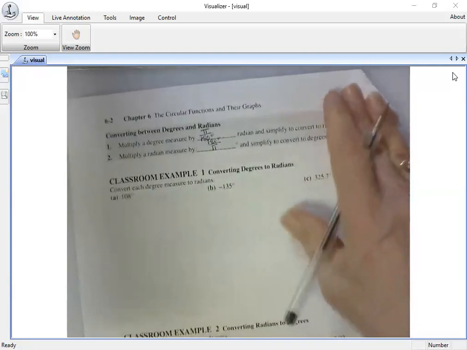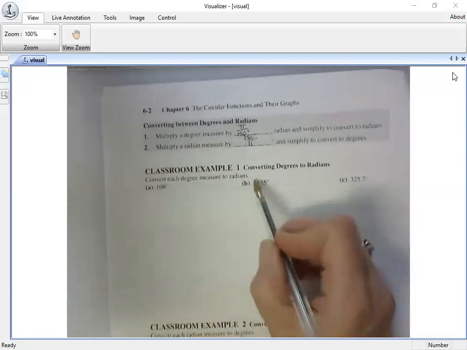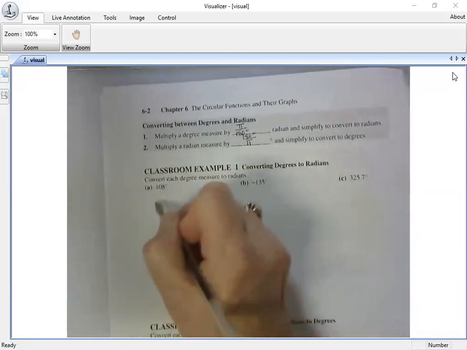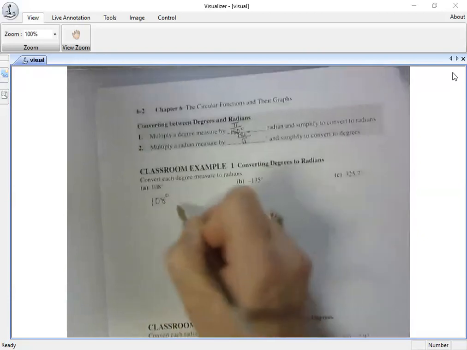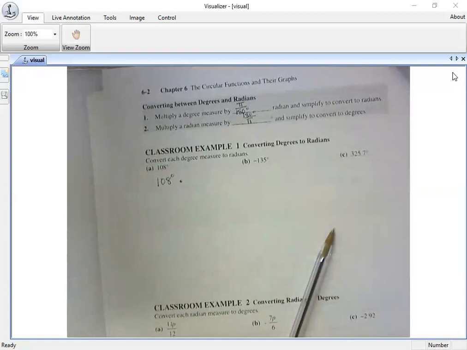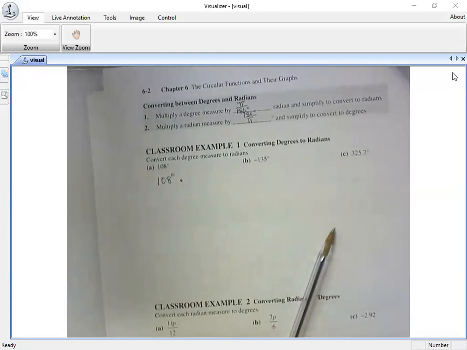Okay, so let's try to do a few conversions. I want 108 degrees to be changed into radians. So what would I need to multiply by? All right, let's do pi over 180.